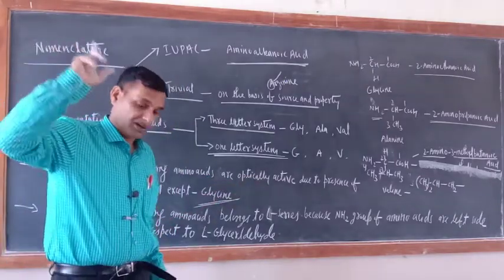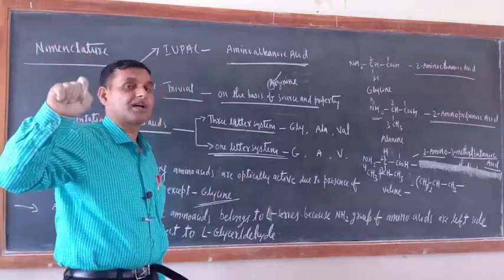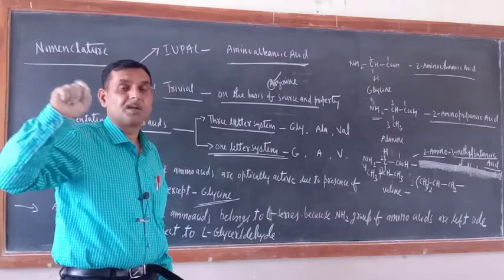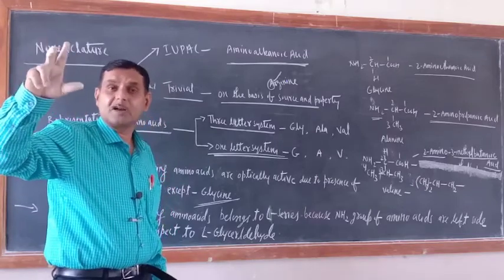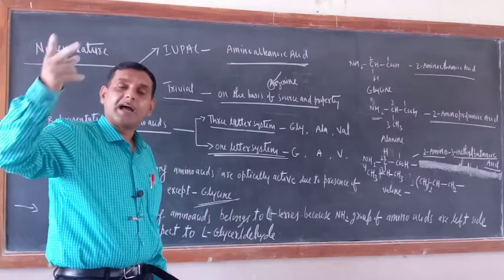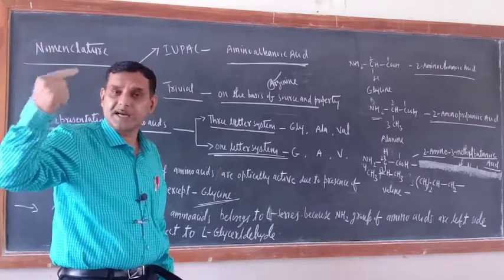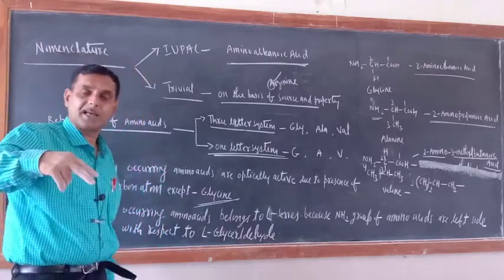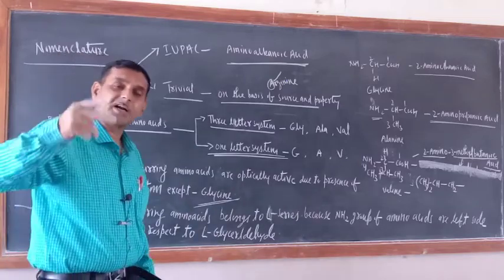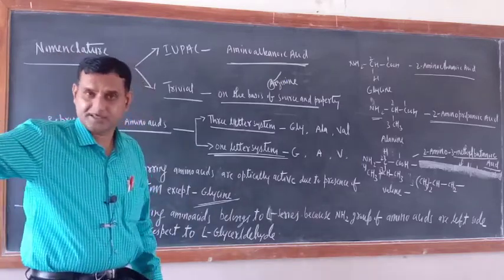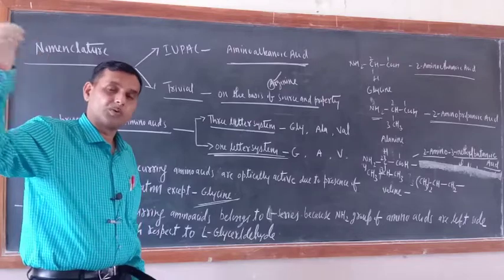Now when I taught you carbohydrates, that time what did I teach you? D series. Glyceraldehyde was the parent compound, and with respect to the second carbon atom of glyceraldehyde, we compared the configuration of carbohydrates like glucose and fructose.